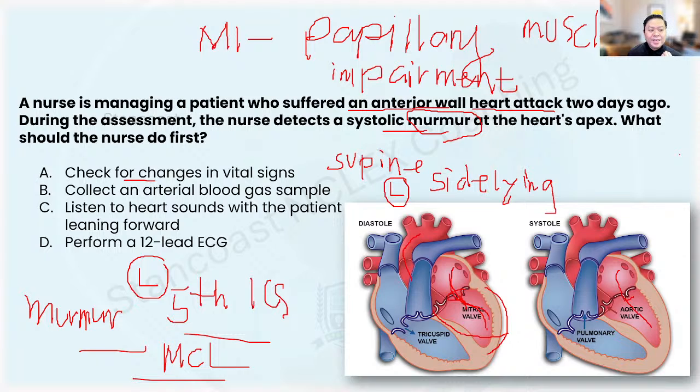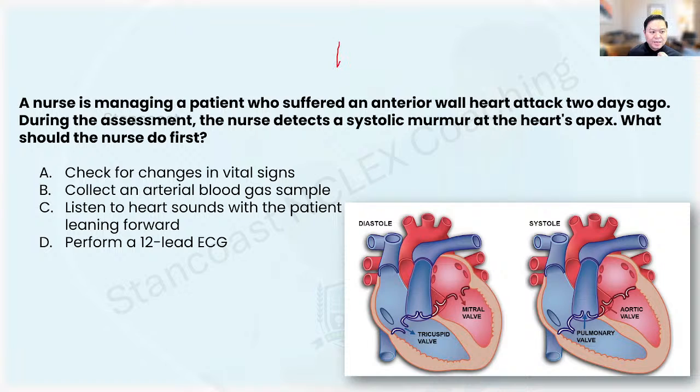Okay, now I did not end here my discussion with letter A, checking for the changes in the vital signs. What's the relevance about the murmur? Well, the vital signs can actually reveal the severity of the reduction of the cardiac output. Okay, why is there going to be a reduced cardiac output in this complication about the mitral valve impairment?